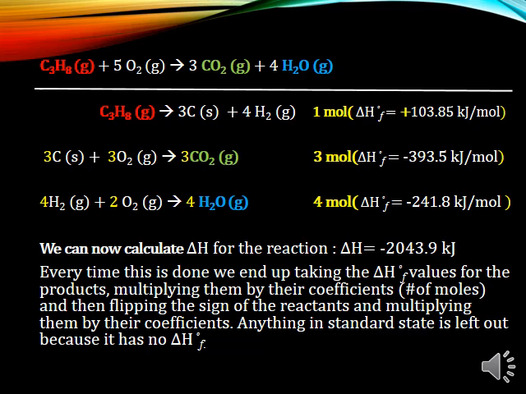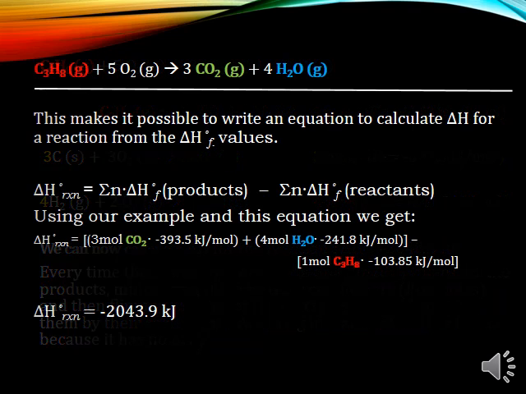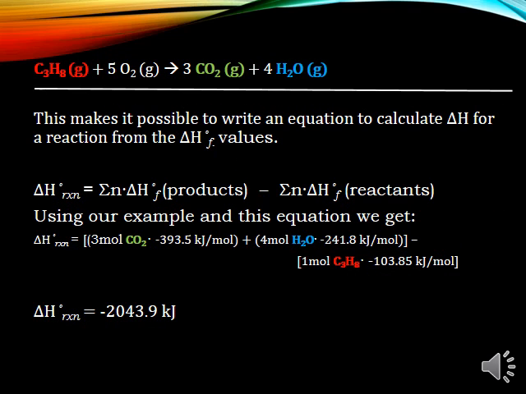So we can take this idea and put that pattern together into an equation. Our equation for delta H of the reaction from the enthalpies of formation looks like this. It's a little bit crazy looking when you first look at it, but it's not hard to use.